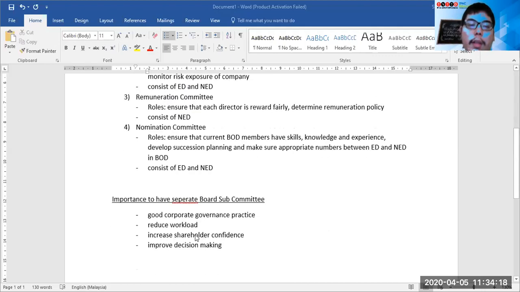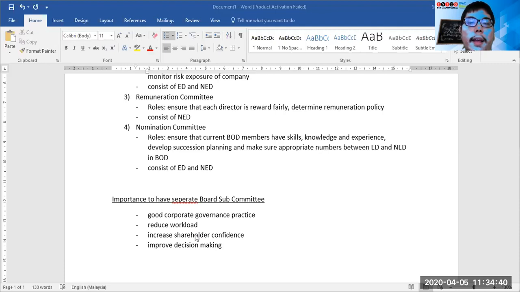Next, it will also increase shareholders' confidence, because when the company establishes a separate board committee, it shows that the company takes the issue seriously, and as a result this will increase the confidence of shareholders to invest in your company.